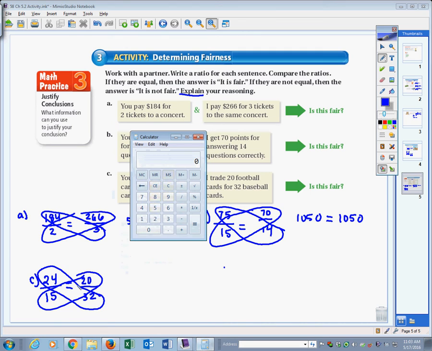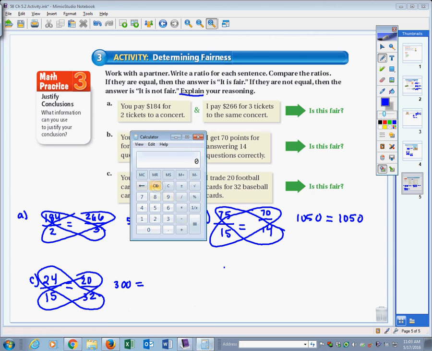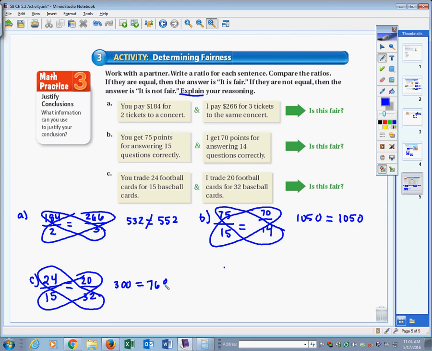So we're going to say 15 times 20. That gives us 300. And is that going to be equal to 24 times 32? Doesn't look like it is. So we have 768. Is this fair?